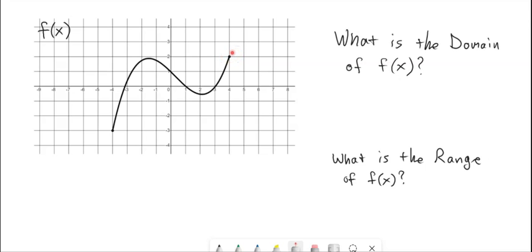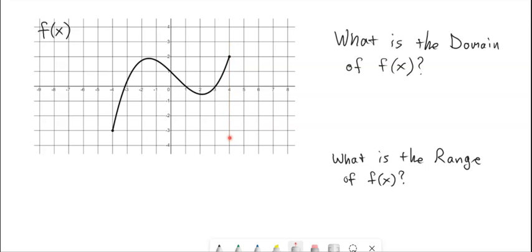Remember that the domain is all of the input values, and all of the input values are represented on the x-axis horizontally. So all we have to do is go to the leftmost part of the graph, which is right here, and then go to the rightmost part of the graph, which is right here.